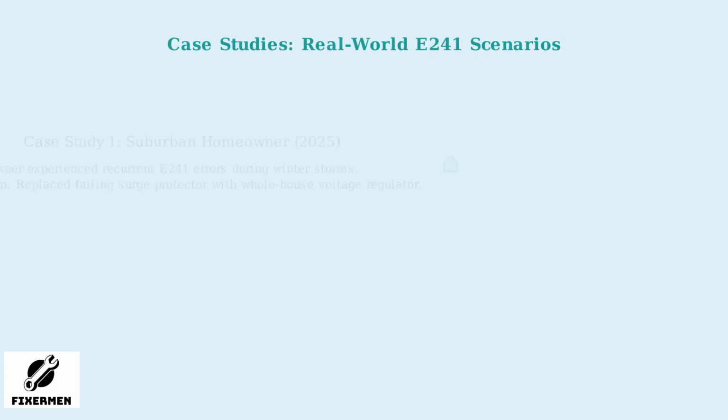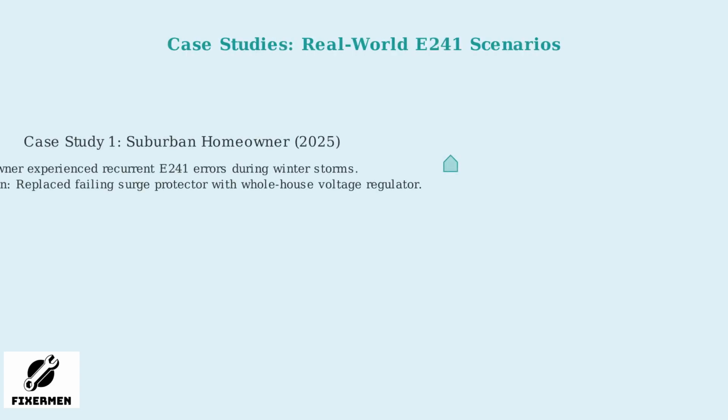Let's examine real-world examples of E241 error resolution. In 2025, a suburban homeowner faced recurrent system memory errors during winter storms. The issue stemmed from a failing surge protector causing power instability. By replacing it with a whole house voltage regulator costing about $150, the memory integrity was restored and the errors ceased.